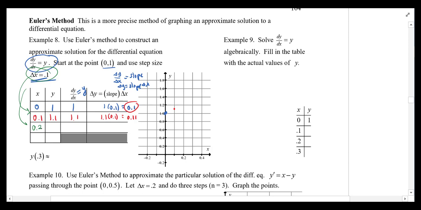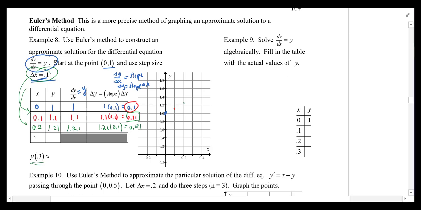That's 0.2. But notice my y value is now not 0.1 but 0.11. So 1.1 plus 0.11 is 1.21. So there is my new value for x equals 0.2. Then we repeat the process one more time to figure out the y value when x is 0.3. 1.21 times 0.1 is 0.121.